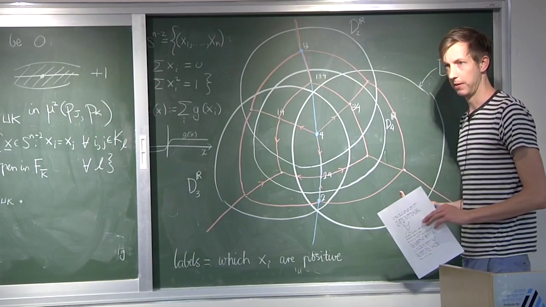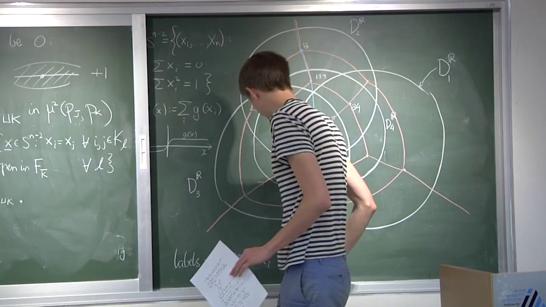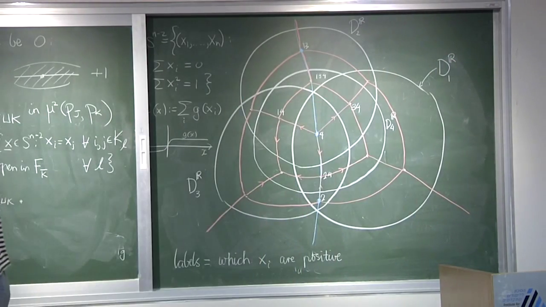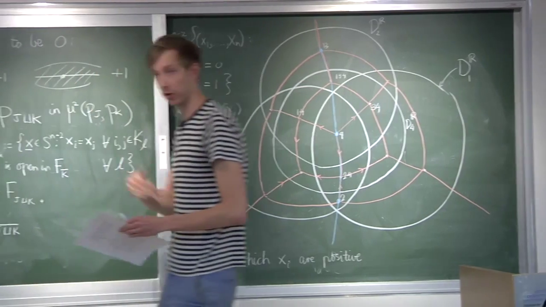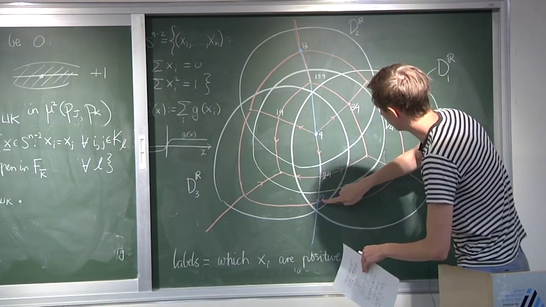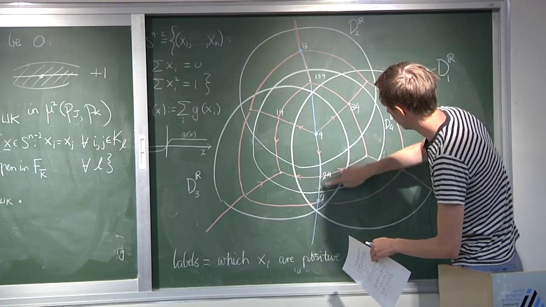But now we're not done. We also need this lift of the boundary. That has to cross all of the divisors negatively. So what could the lift of the boundary be?